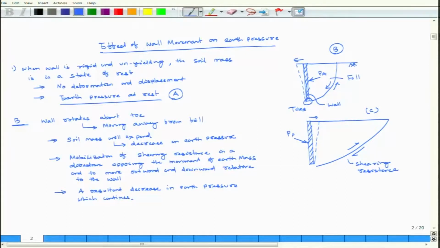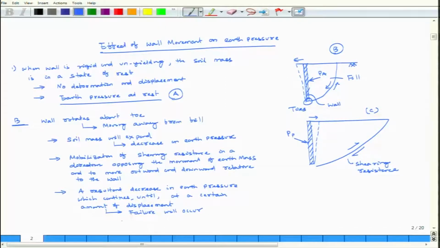until at a certain amount of displacement, failure will occur in the backfill and a slip surface will form.